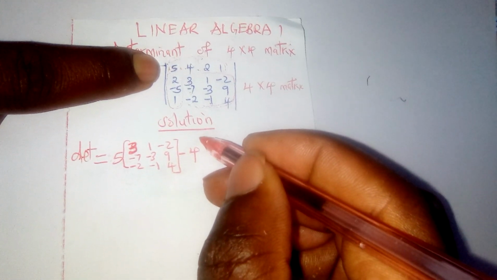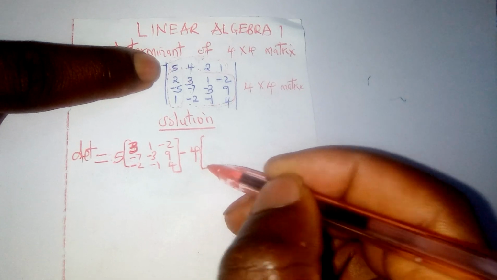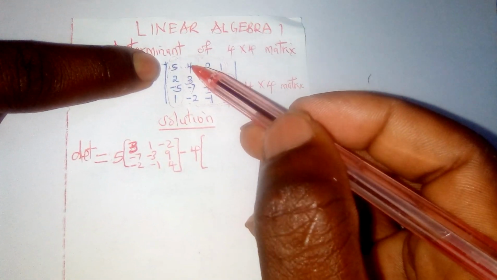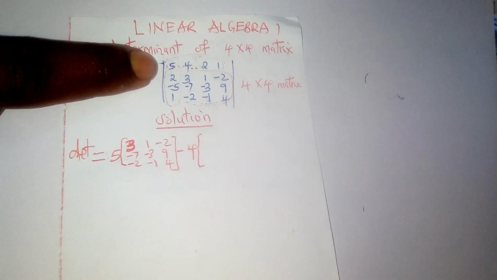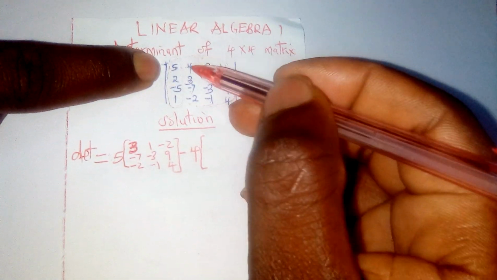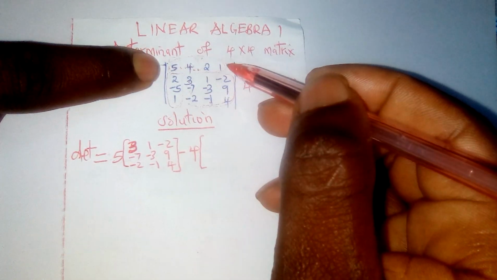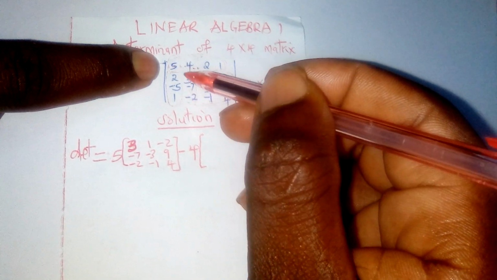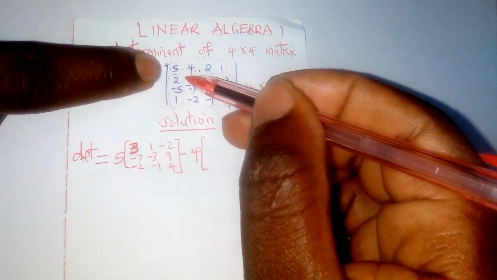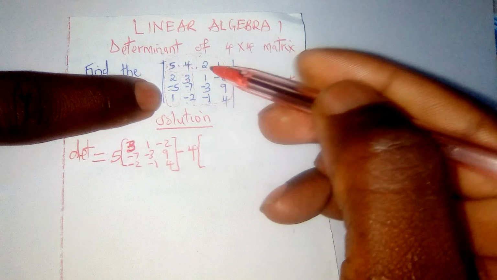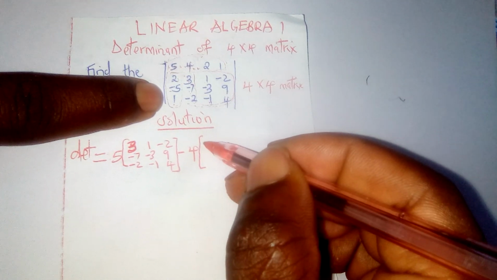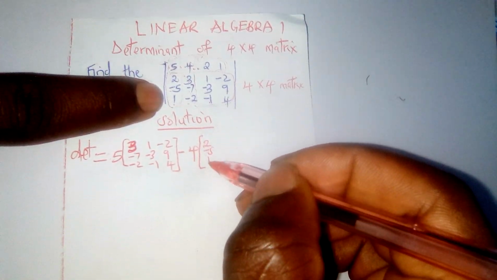Then after that, I'll come here and begin cancelling the row and column where 4 lies. So I'll stand at 4. As you can see, it lies on this row here as well as this column here. So when I delete them, I'll remain with 2, negative 5, 1. So you write that column here, 2, negative 5, 1.